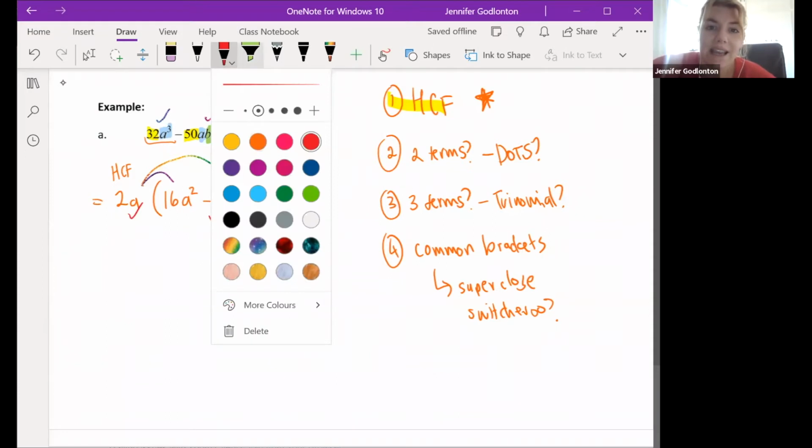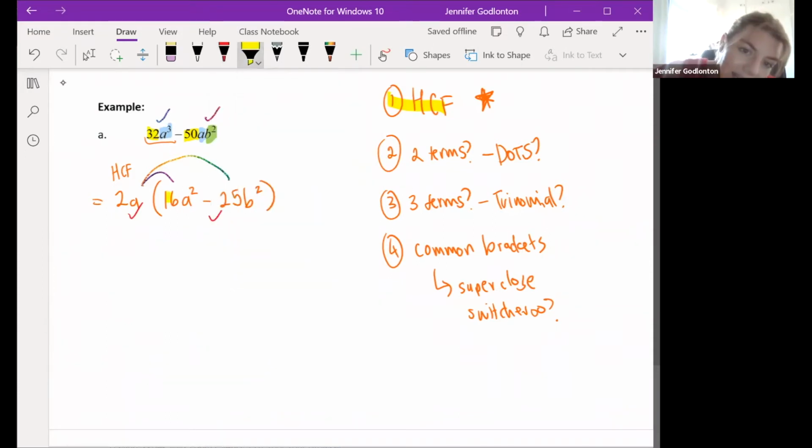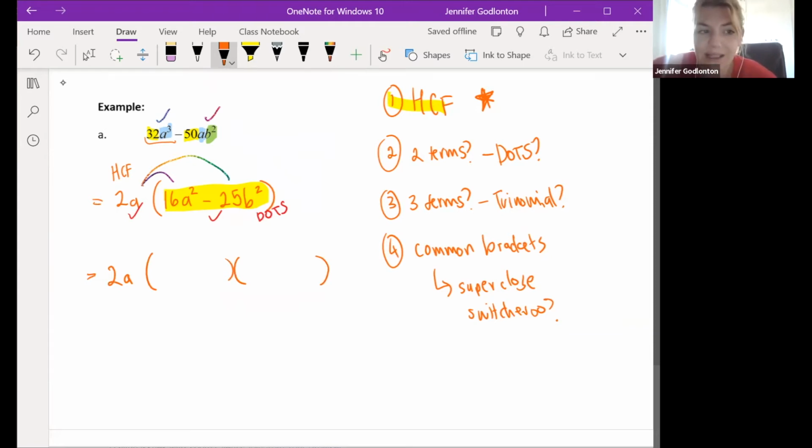Next, inside this bracket, we can still factorize further because it is a difference of 2 squares. So we're going to keep our 2a. We're going to get our 2 brackets for our difference of 2 squares. We're going to have a plus sign and a minus sign.